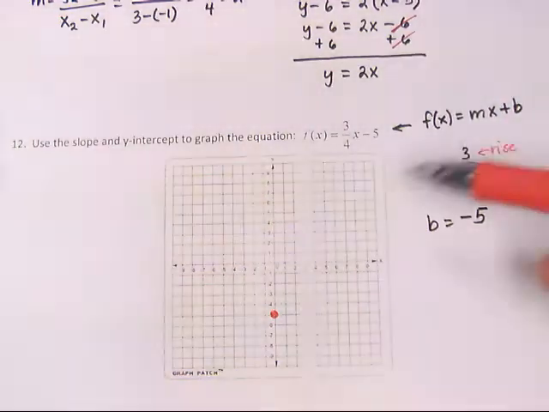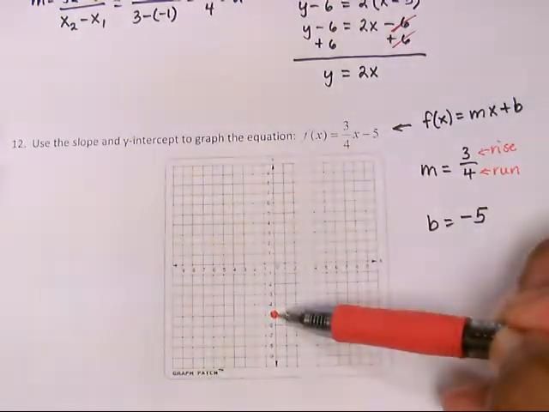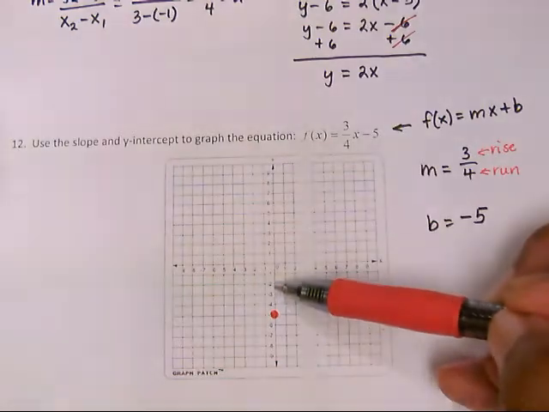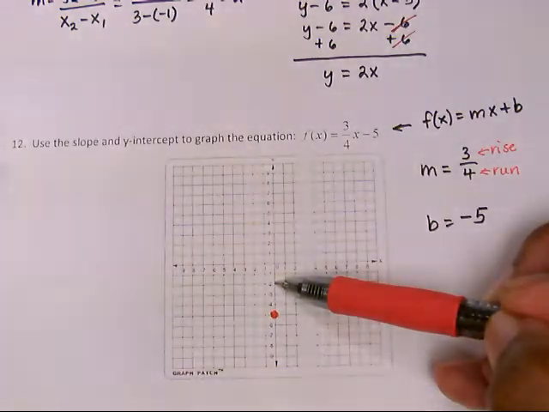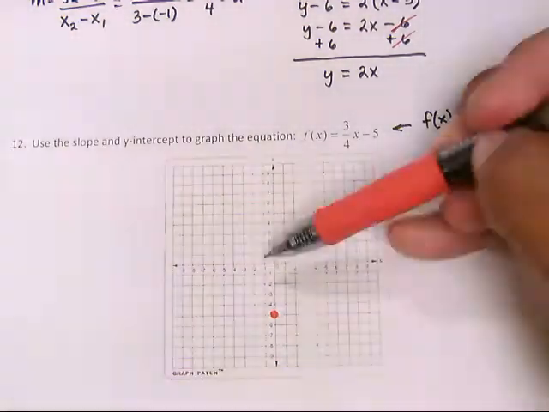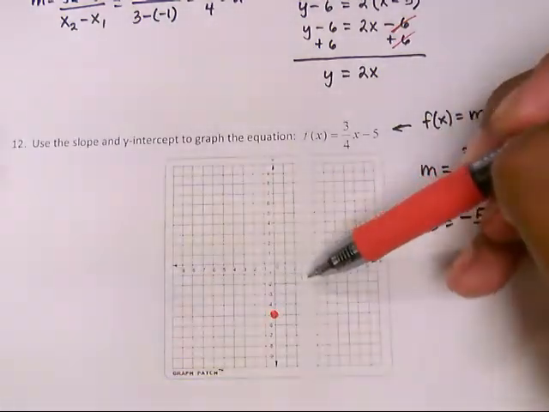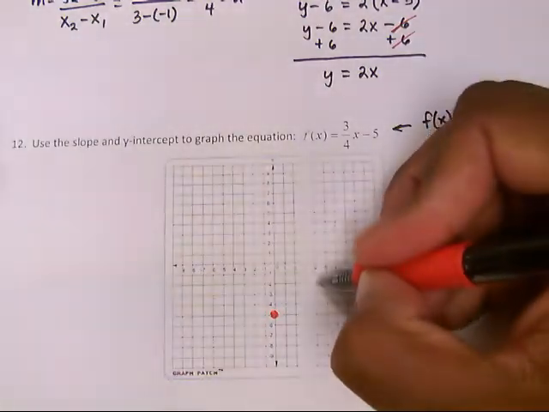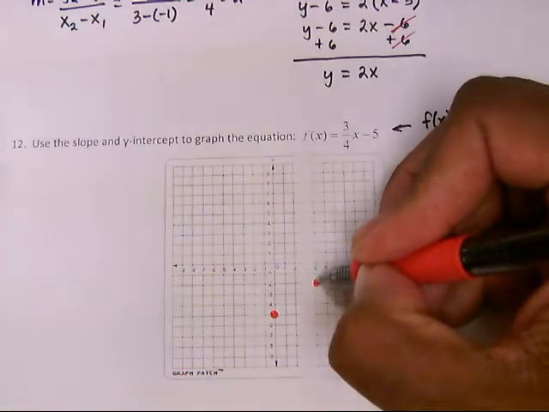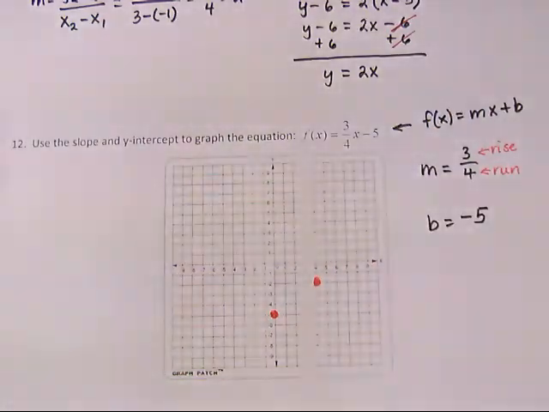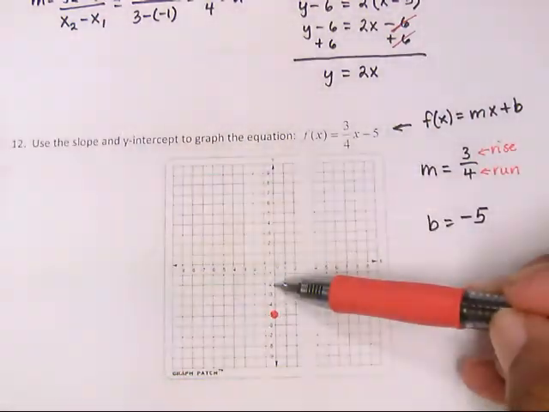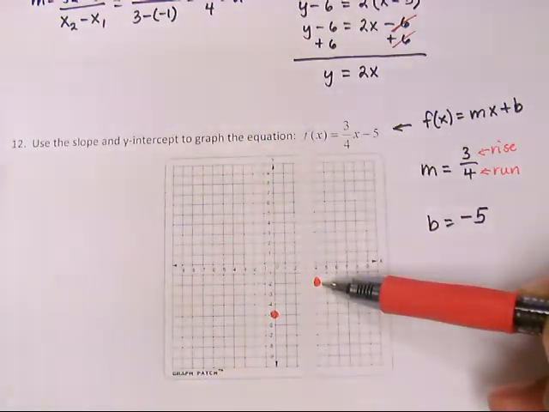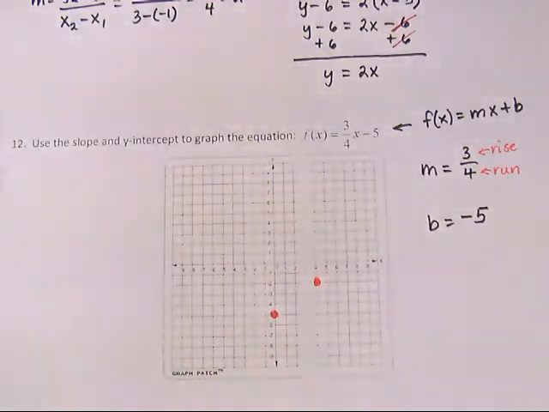Here the rise is a +3, so from the y-intercept of -5, I'm going to rise up 1, 2, 3 places. The run is 4, so I'm going to run to the right 1, 2, 3, 4. My second point will be right here. So here I rose up 3 and ran to the right 4. Okay? And I can do that again if I want to.